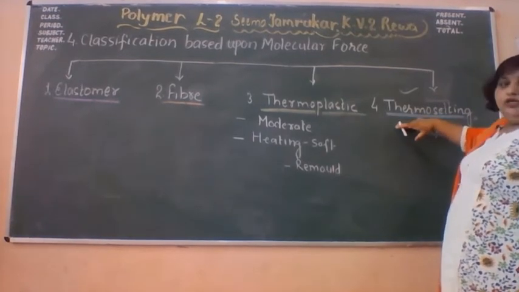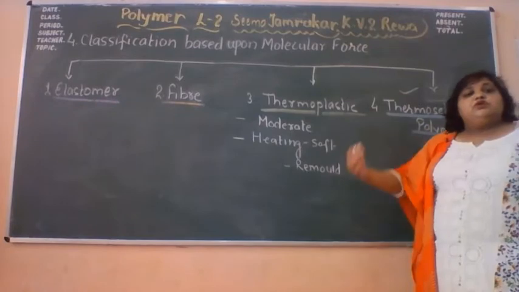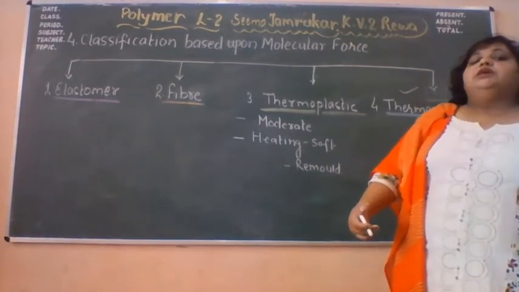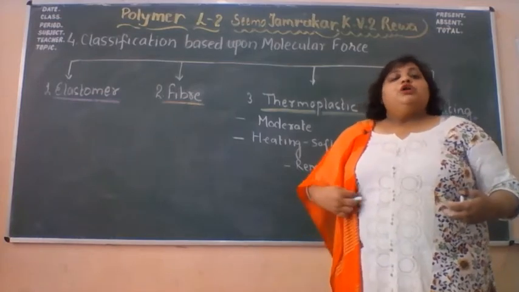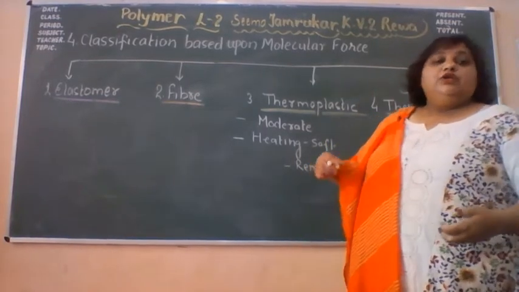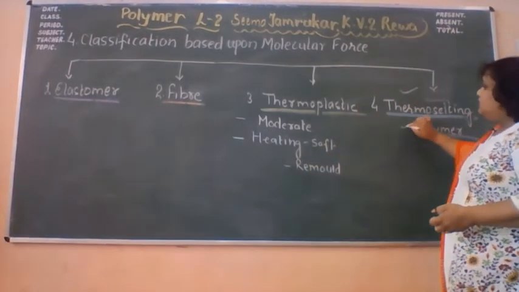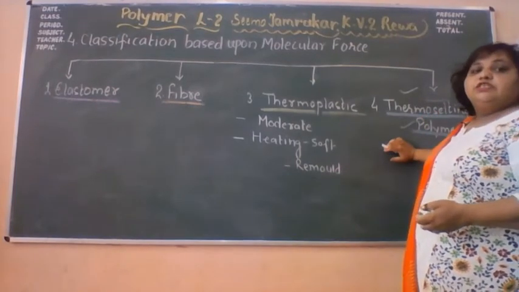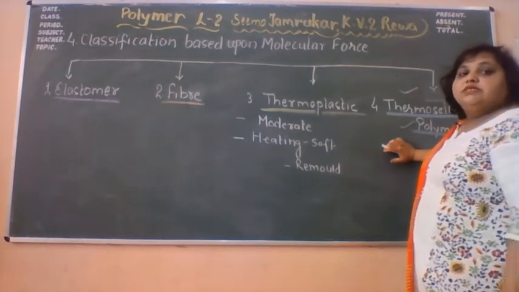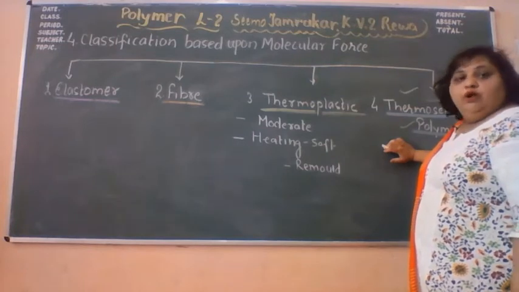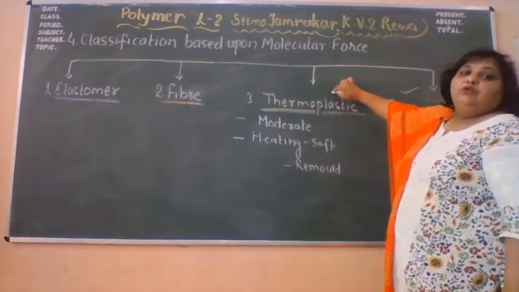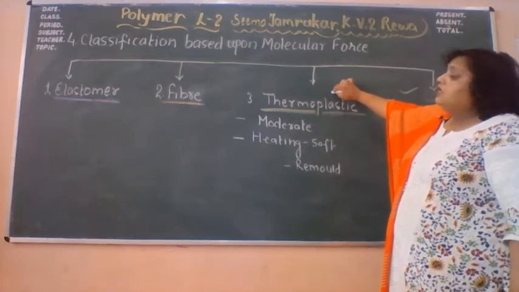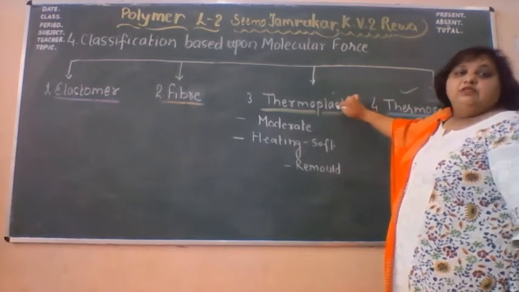During the heating, once you heat it, it's a chemical change and irreversible changes take place in the molecular structure. Due to these irreversible changes in the molecular structure of the thermosetting plastic, it cannot be remolded again. The heating of thermoplastics was a physical and reversible change.